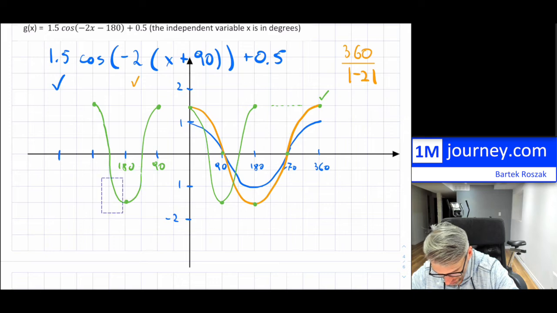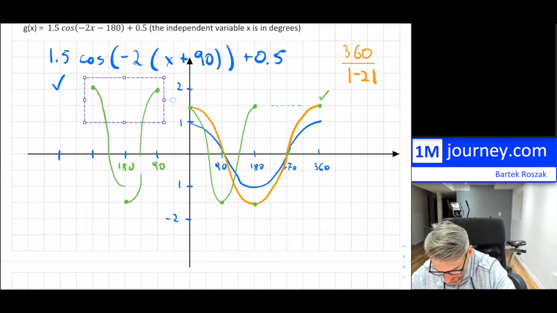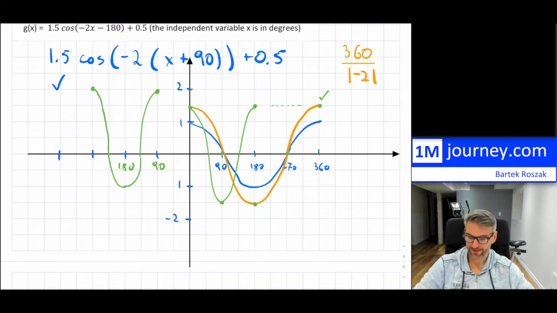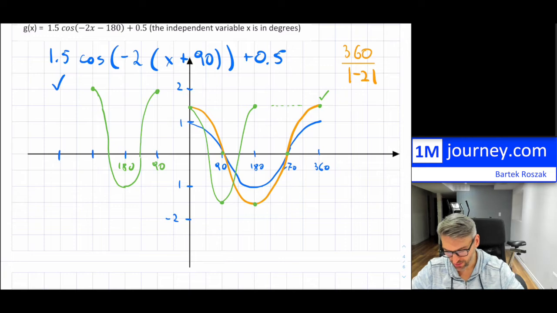So everything gets shifted up by 0.5. And there we go. So there we have it. It moved up by 0.5, and now it just keeps repeating.